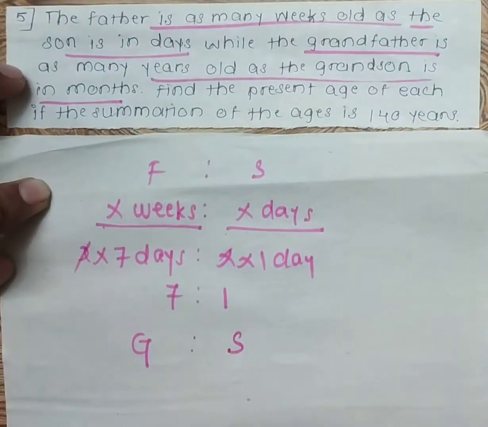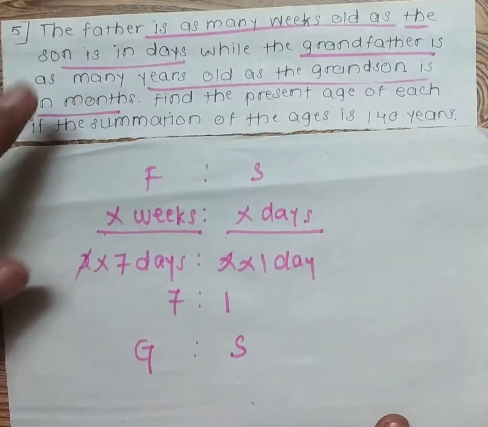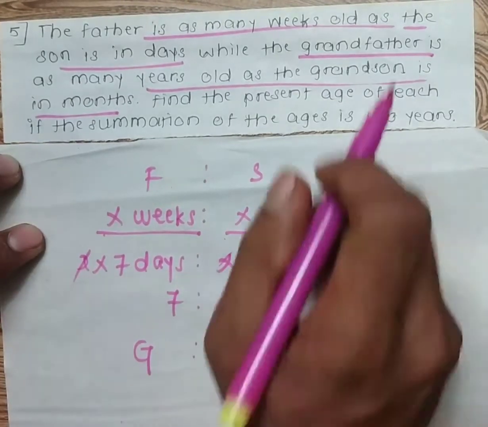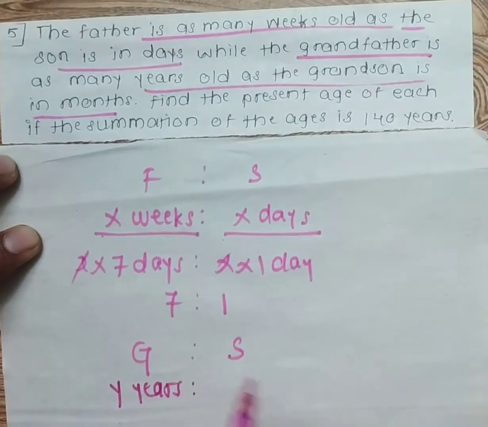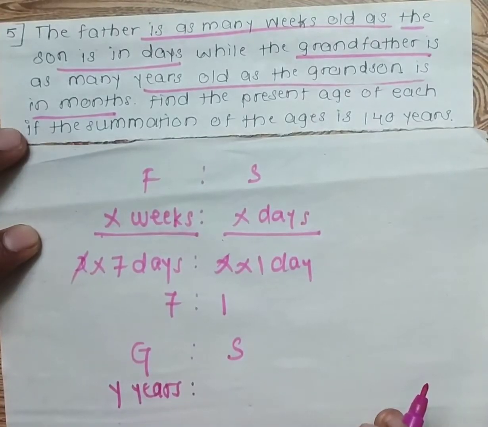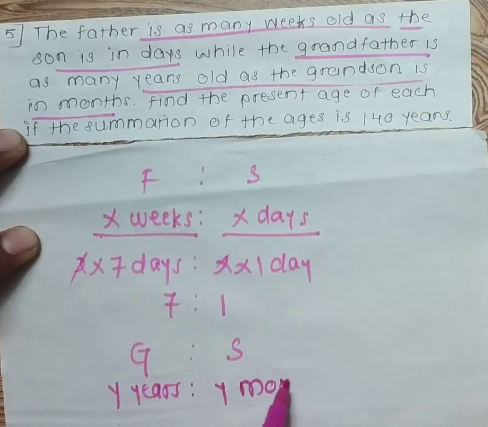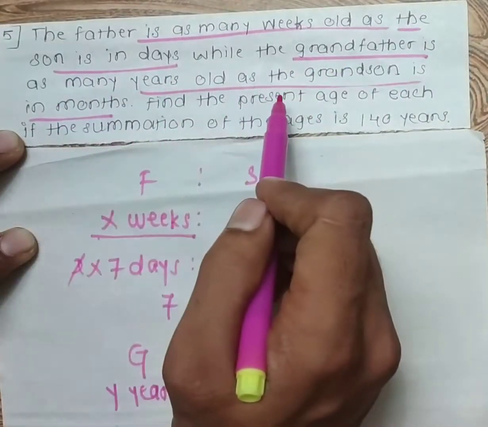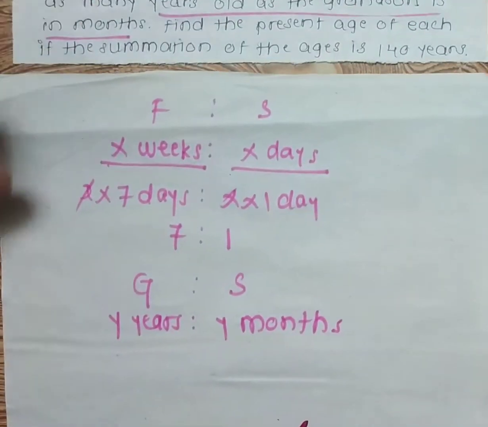We don't know how many years old the grandfather is, but for this we just have to consider that if the grandfather is y years old, the grandson should be y months, because the statement is the grandfather is as many years old as the grandson is in months.